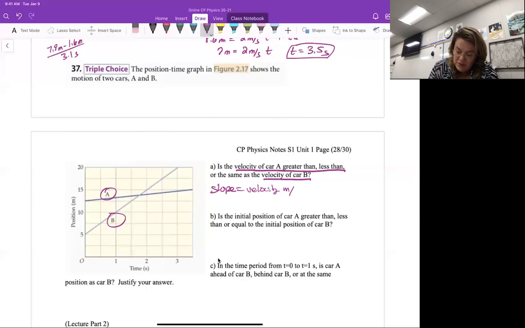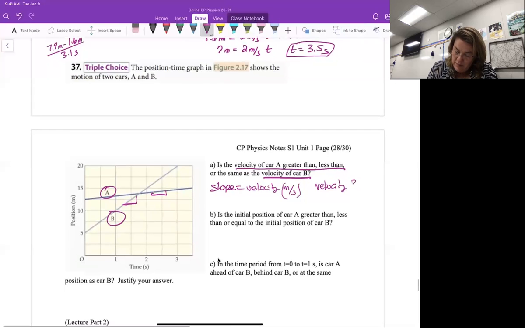Because the slope is in units of meters per second. I don't even have to calculate it. I hope that you can see that the slope of B is greater than the slope of A. So the velocity of, whoops, not A, B, is greater than the velocity of A.